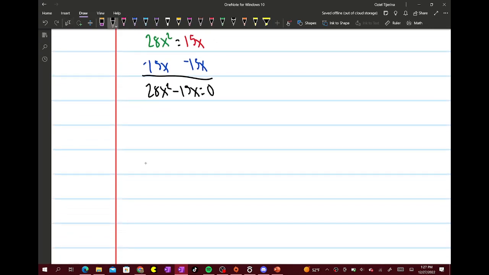Now, we can go ahead and factor out an x. So x times 28x minus 15 equals 0. And so then what you would do is say x equals 0 or 28x minus 15 equals 0.